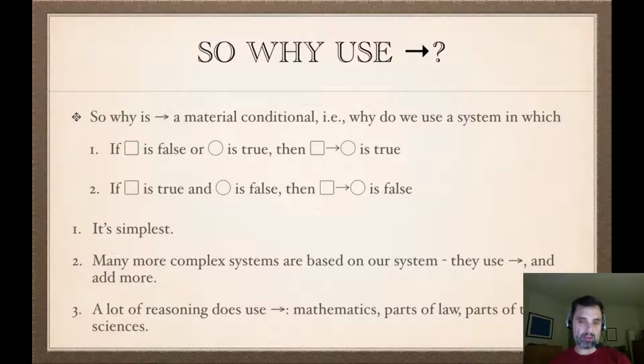So in mathematics, in parts of law, in parts of the sciences, the arrow is what is probably meant by the conditional in English. So while in lots of cases in natural language, the English conditional is more complicated than the arrow in logic, in not all cases.